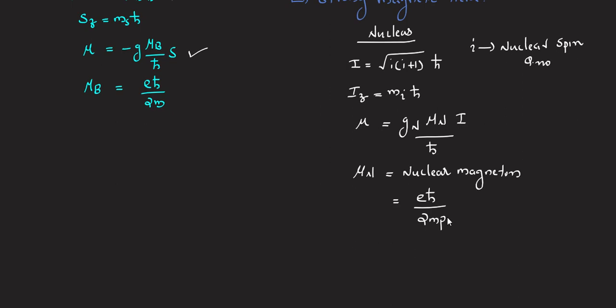Whereas the Bohr magneton, for the electron, is e h bar by 2m, where m is the mass of the electron, the nuclear magneton is e h bar by 2mp, where mp is the mass of the proton. And gn is the nuclear g factor.